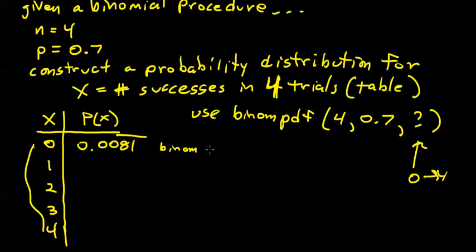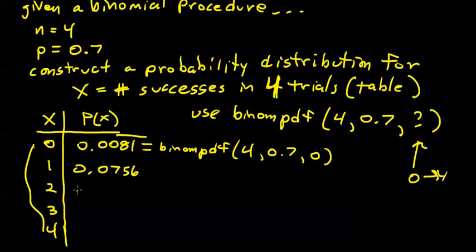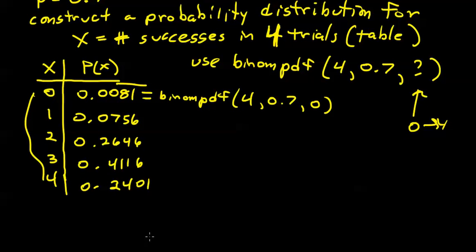Of course, I won't write this for all 5 cases. I think you get the idea. The 0 case will yield me that number, and basically I then let x equal 1, let x equal 2, let x equal 3, punch it out, and let x equal 4, and this is the result.